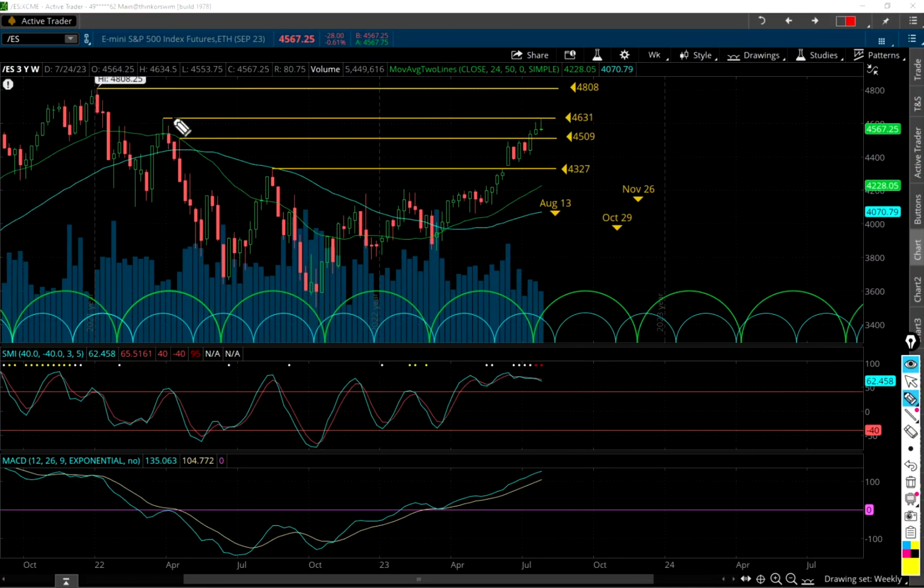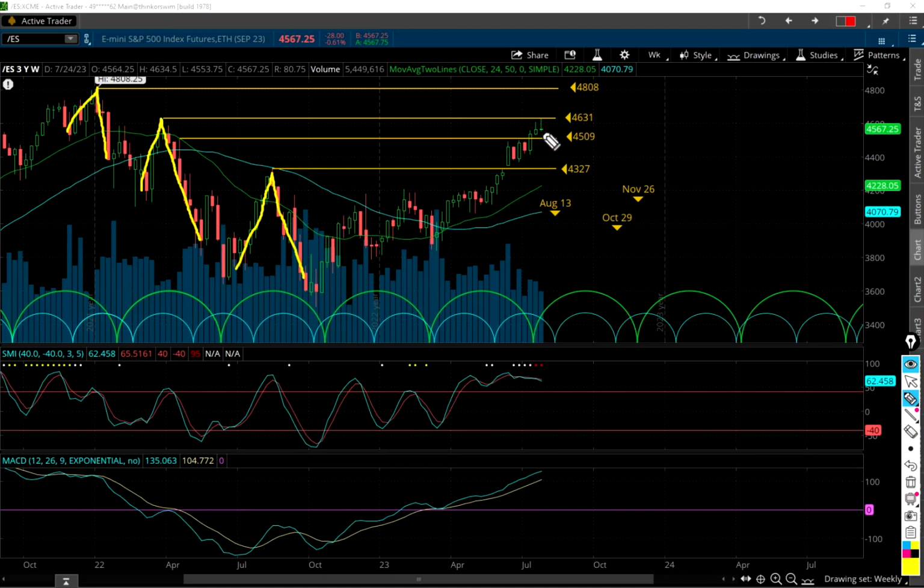So this is resistance. That's where this is pulled from. These are just natural resistance points. It's easy to know where they are at the top. They're at peaks. See them? They're not hard to figure out.